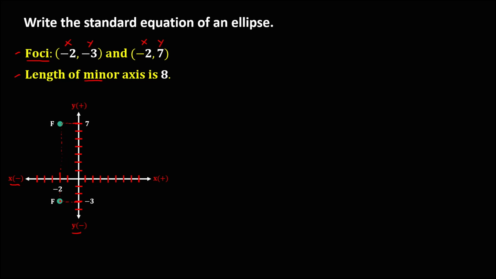Now take note that the position of the ellipse depends on the position of the foci and the vertices. So observe that the foci on this graph are in a vertical position, so therefore this ellipse is a vertical ellipse.